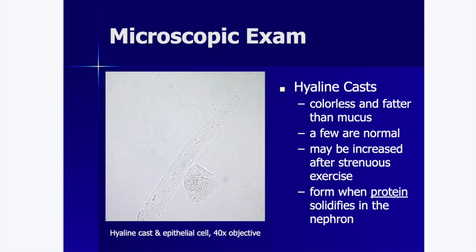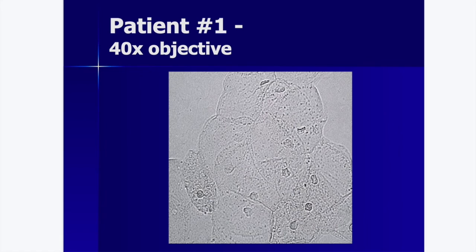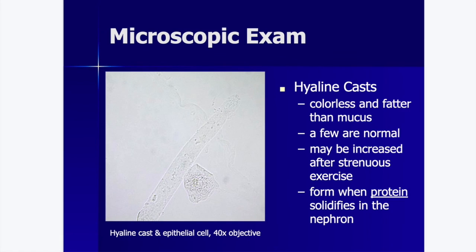They're thicker or wider than the mucus would be, so that's how you could tell them apart. It could be a sign after increased strenuous exercise, and it can be showing when protein is solidifying in the nephron. And then that is the last crystal we'll look at. We'll come back to some of these when we do our urinalysis lab.